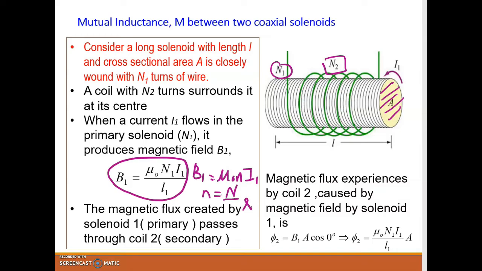The magnetic flux linkage through the coil caused by the magnetic field of the solenoid is Φ2 is equal to B1 A.